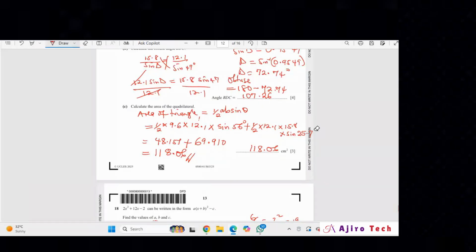Let me see if I use this angle: 0.5 times 12.1 times 15.8 times sine 25.7.